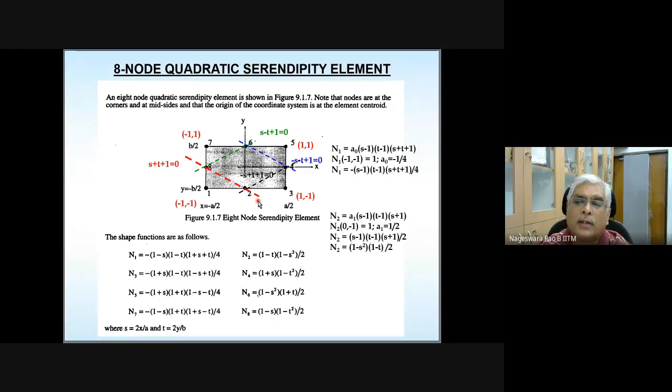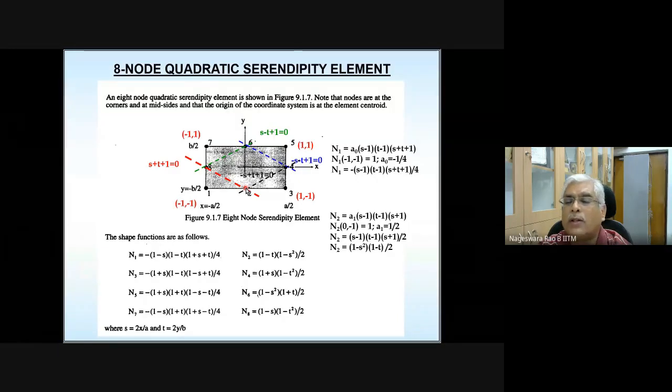Since the 8th node is not there, what is the condition that is satisfied at the location of node 2? It is S equal to 0.